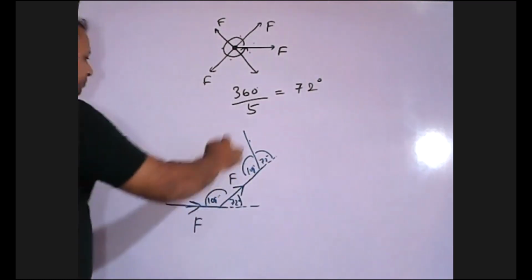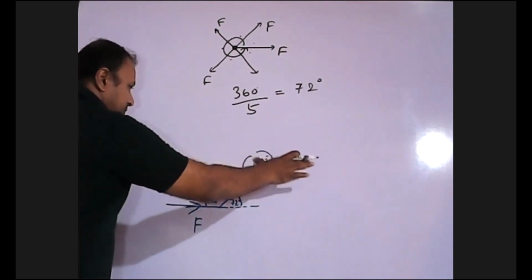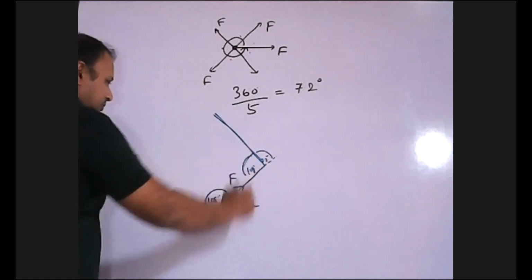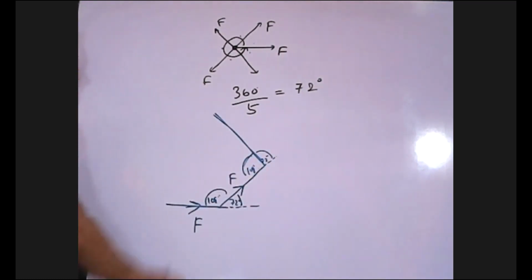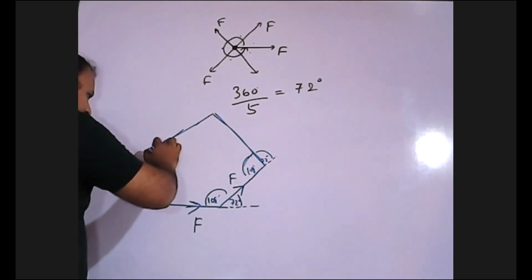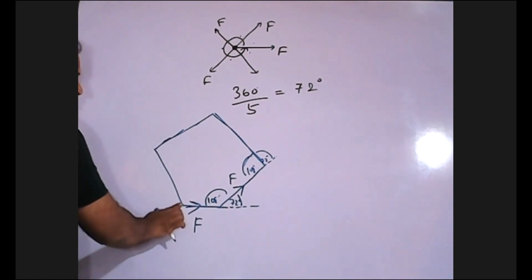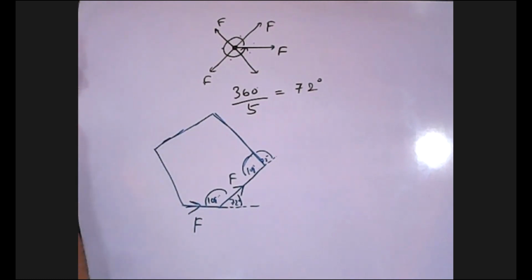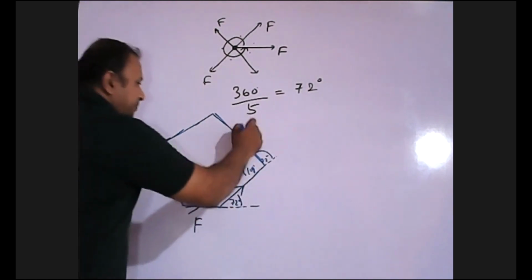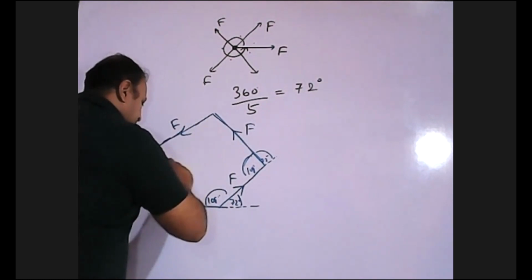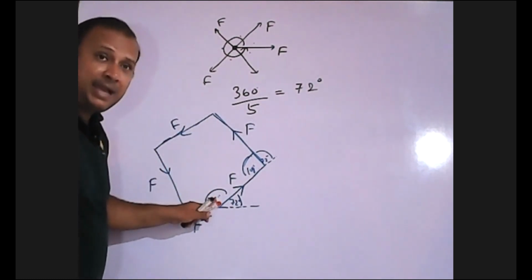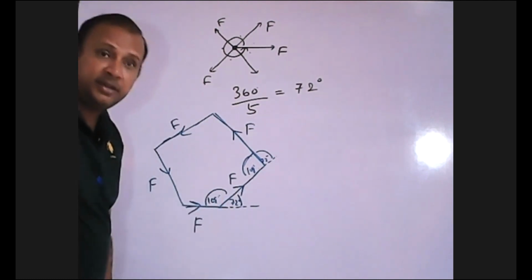Likewise. Then again, 72 here, 18 here. From here to here, again F force here, again F force here, again F force here, because I know the internal angle is equal to 108.